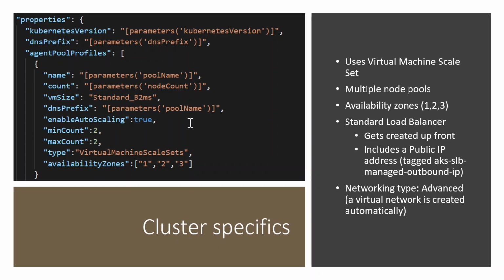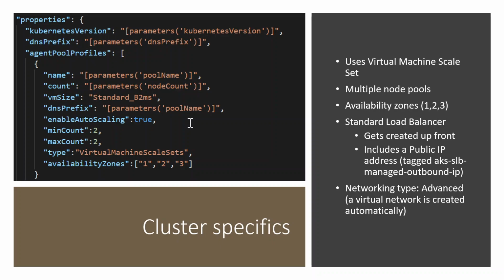And we also make sure, and that's not in the ARM JSON you see there, that we also deploy a standard load balancer, which gets created up front, which will also include a public IP automatically for outbound connectivity. That way the load balancer already gets created during the cluster creation.